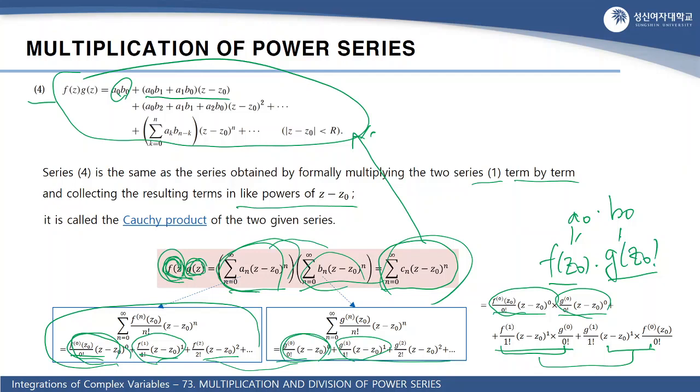So like this, we have the same result for the product of f(x) and g(x). It is called the Cauchy product of two given series.